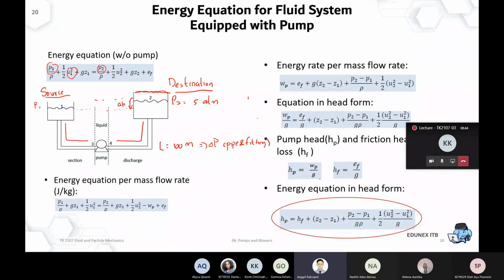And then this is the velocity. U is a velocity, expressed in meter per second. But usually you can assume V1 is equal to V2 as long as the pipe diameter remains constant, so that can be neglected.